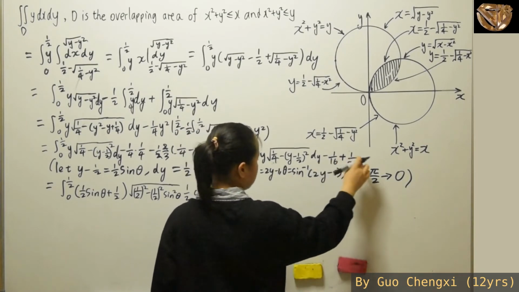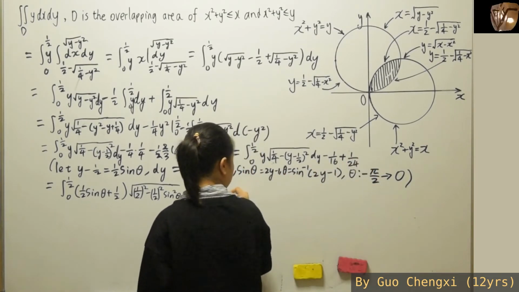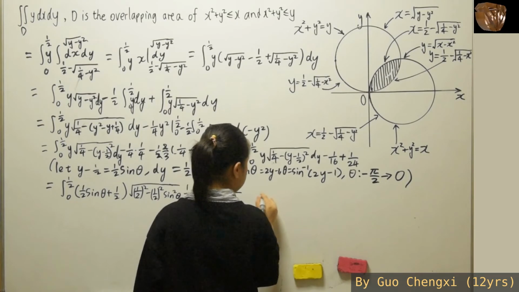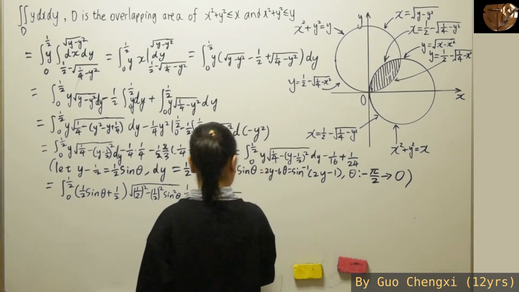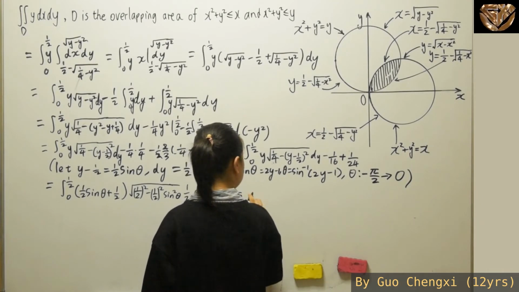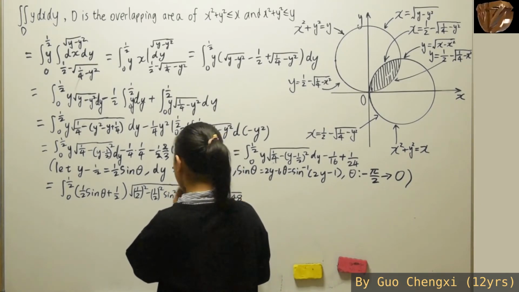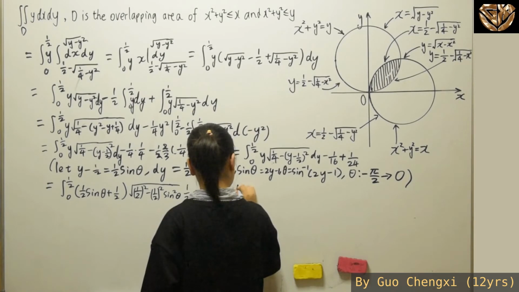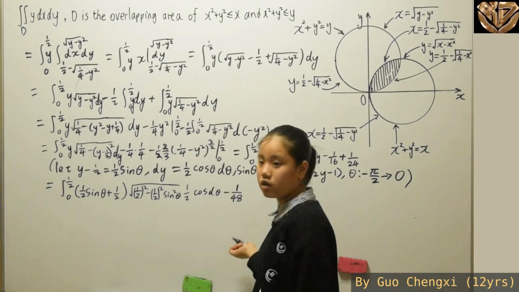Then these two, if you put them together, for this part you're going to have one over 48 over here.